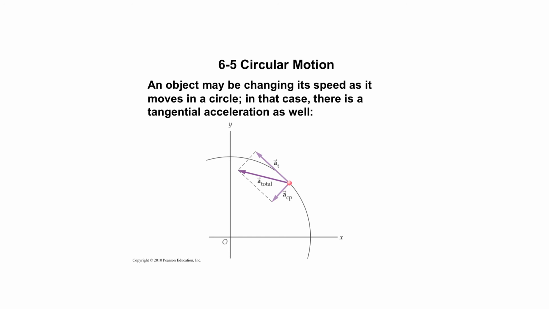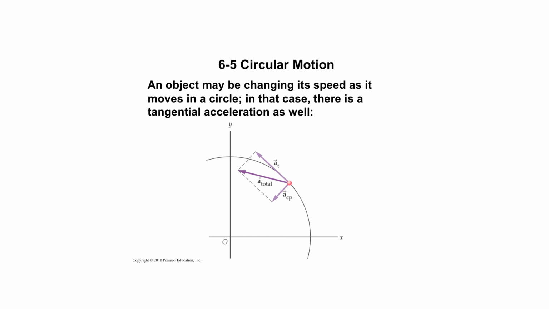Also, I don't know if I'm going to do any of these problems because they sound awful to me, but an object may be changing its speed as it moves in a circle. If there is a change in speed, like when you slow down going into a curve when you're driving, you are changing your forward velocity. So there is a tangential acceleration, a sub t, going around the circle.